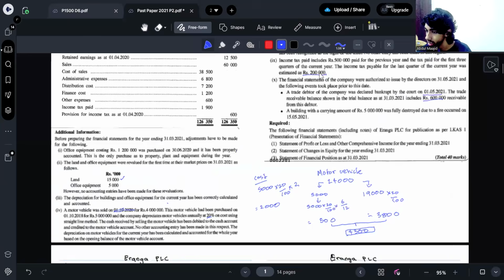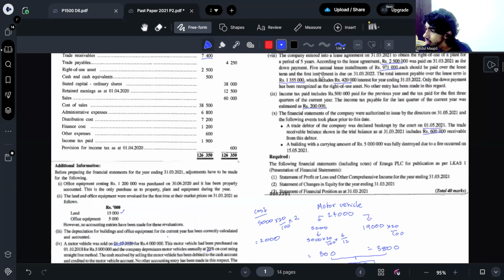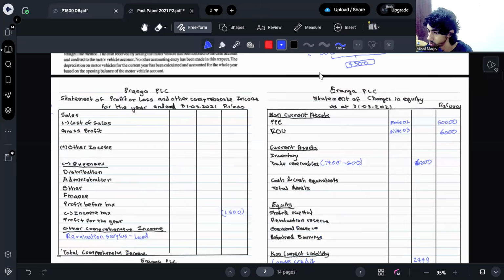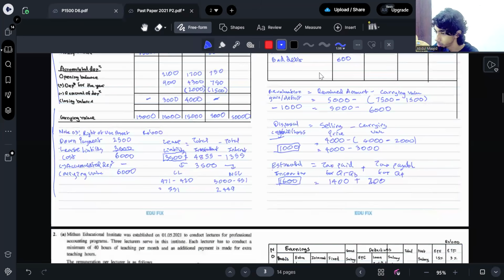6,800,000. Then next, a building with a carrying amount of 5 million was fully destroyed due to a fire that occurred on 15th of May. So these are non-adjusting events. You can record it as a note. So I'll just write here note number 4.